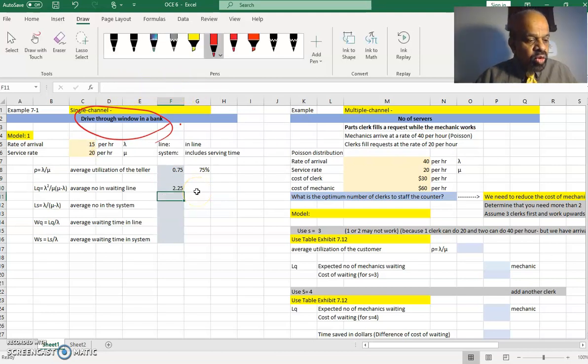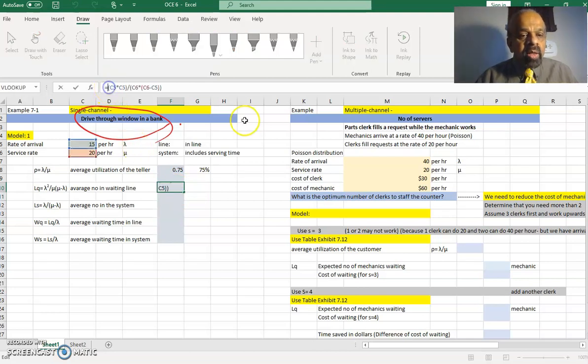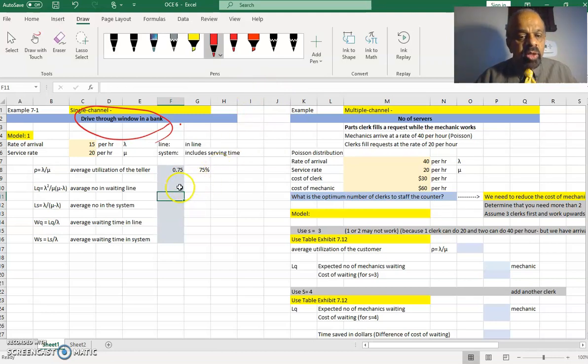And that comes to 2.25. Now, you cannot have a quarter person there, so I'm going to round it. I can use the round formula with 0 decimal points, and that gets me 2.